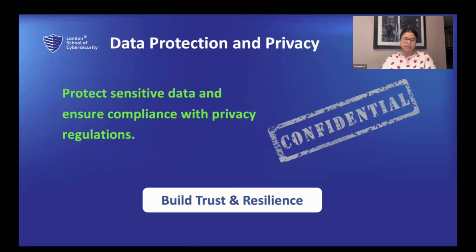Now, the next control domain is very up and coming, and the weightage on this one is increasing by the day. What is it? It is data protection and privacy. Now, in this whole world, the amount of data is increasing like crazy.